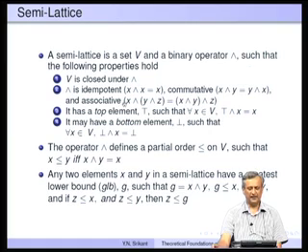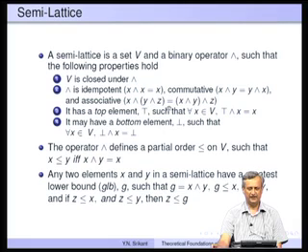Meet is idempotent. So, that is x meet x is equal to x. Okay. So, nothing happens if you apply the meet on yourself. Meet is also commutative. So, x meet y is the same as y meet x, and further it is associative.